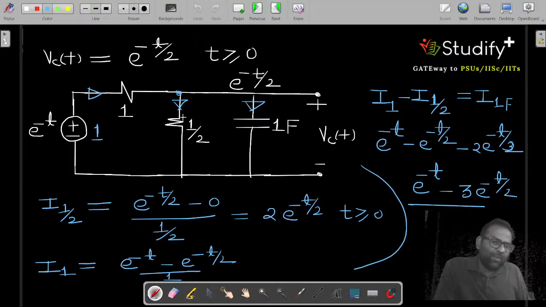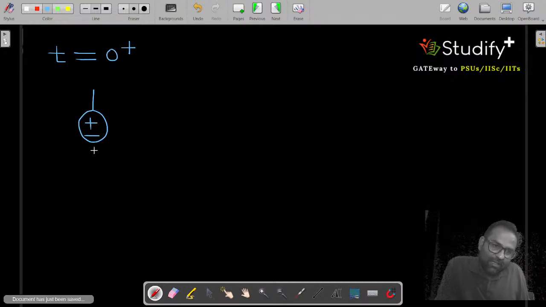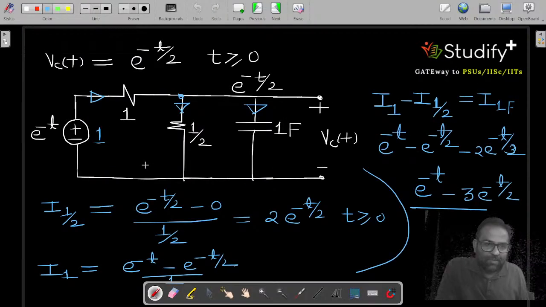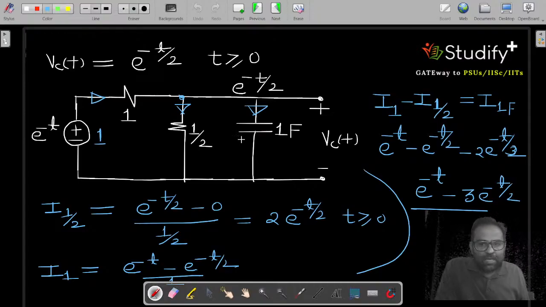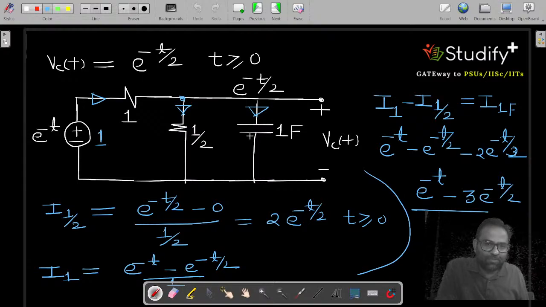Here you are having 1 volt, then 1 ohm, then 1 by 2, this is 1 ohm. And the initial condition of the capacitor is given as 0.5 volt.